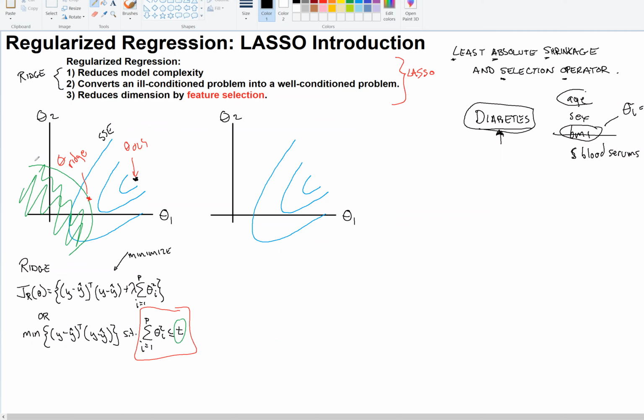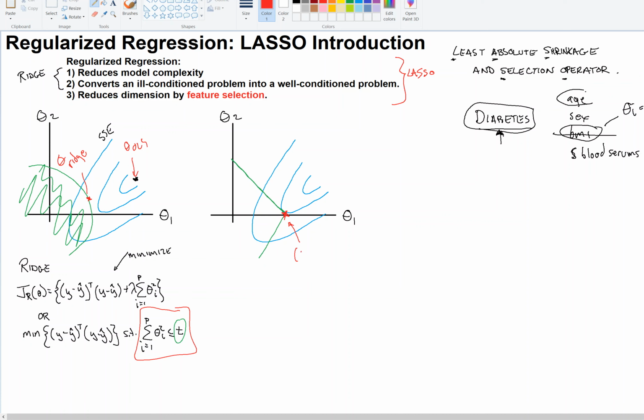And it's because, actually, it turns out, of the curvature of our boundary. Lasso, on the other hand, has a diamond-shaped boundary. Okay? And so what happens here is that because of the diamond shape, it's very possible that the minimum occurs right there on this axis. And so what point is that on the axis?